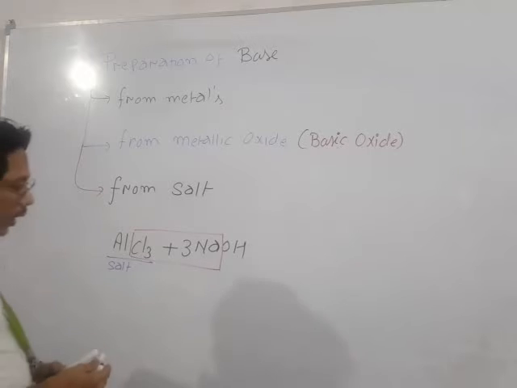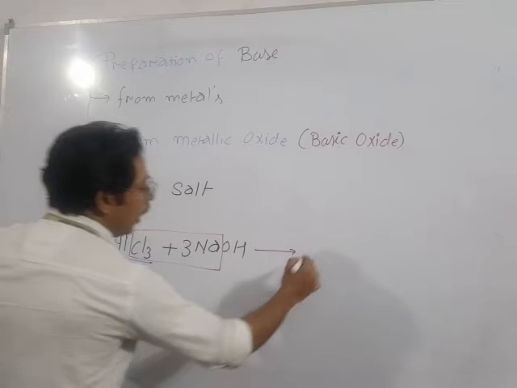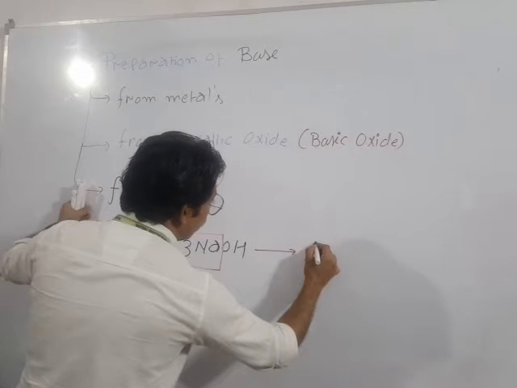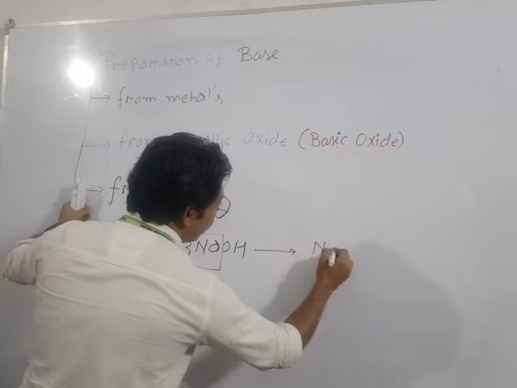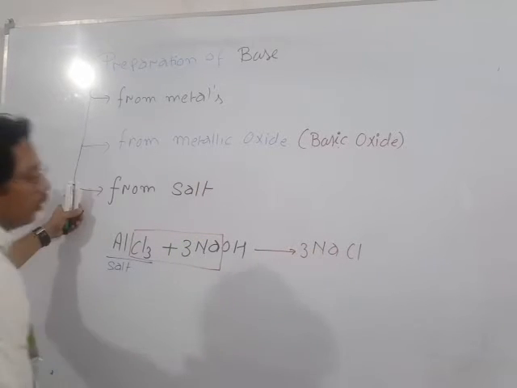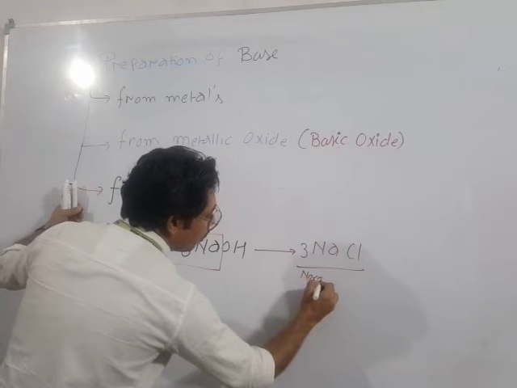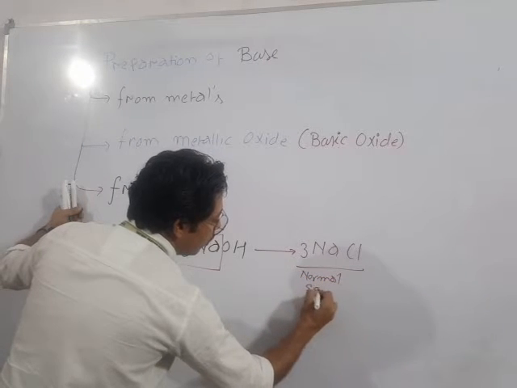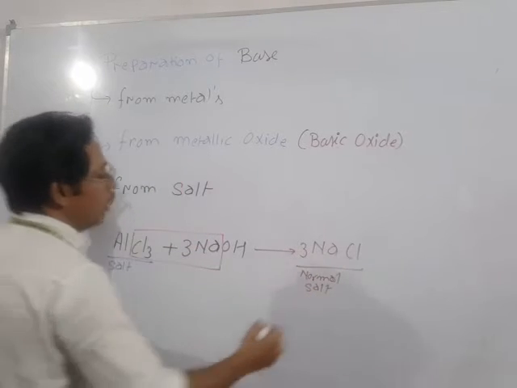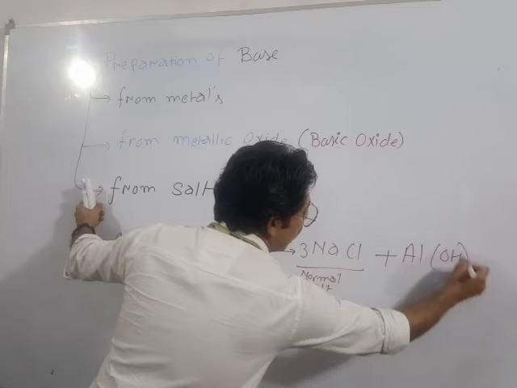Very good. It forms what? Once again. NaCl. It means normal salt. This is what? Normal salt. And here, like aluminium hydroxide.